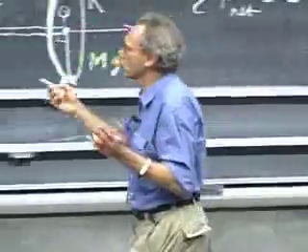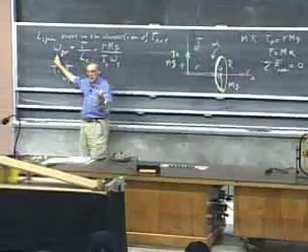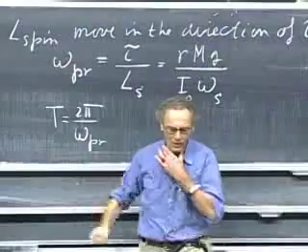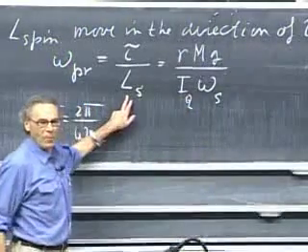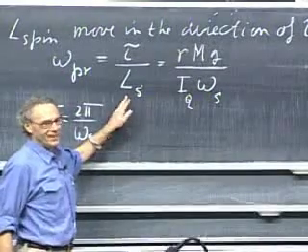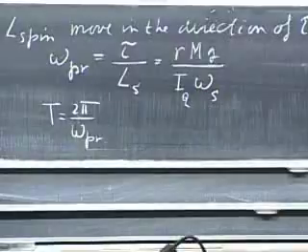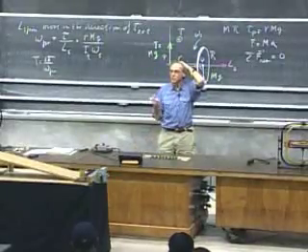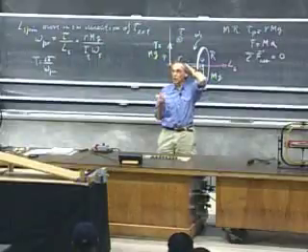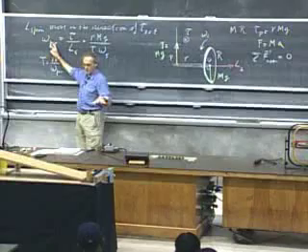Well, if the torque is stronger, then it is more powerful, so you expect that the precession frequency will be higher. However, if the spin angular momentum is very powerful, then the spin angular momentum says, sorry, torque, I'm not going to go as fast as you want me to go. So when you increase the spin angular momentum in the wheel, it is also intuitive that the precession frequency will go down.